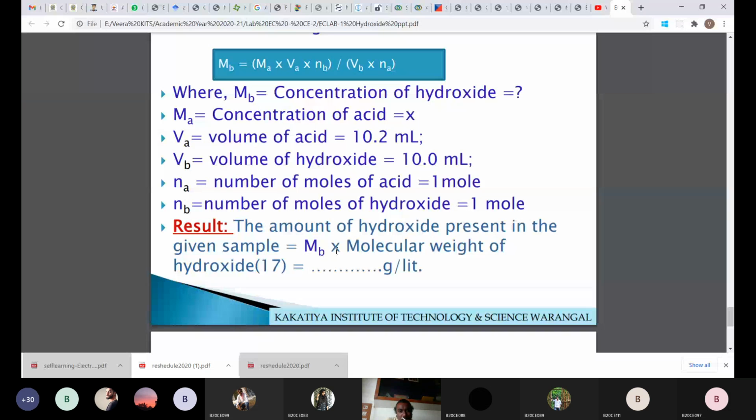Hydroxide is OH; oxygen's molecular weight is 16 and hydrogen is 1, so OH has a molecular weight of 17. So the concentration multiplied by the molecular weight of the hydroxide gives the exact amount of hydroxide present in the test solution, in grams per liter.